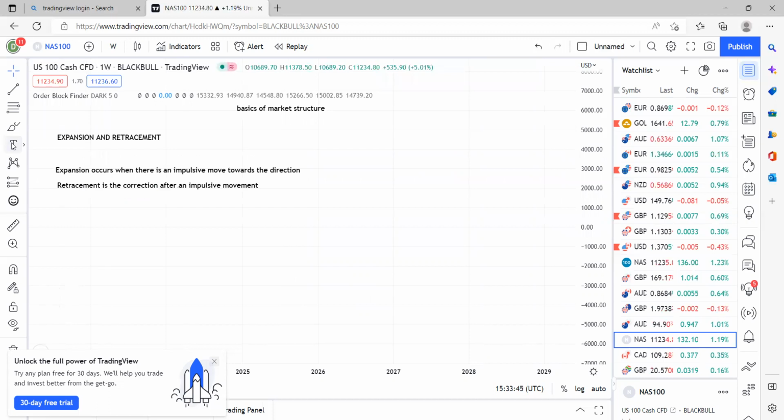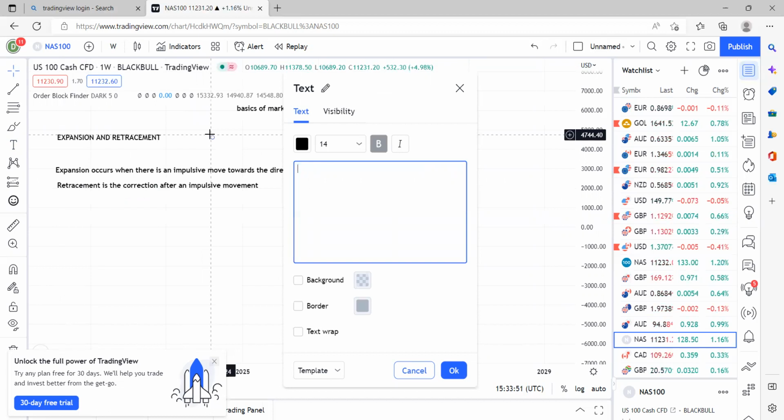So another word for expansion and retracement is impulse and correction.